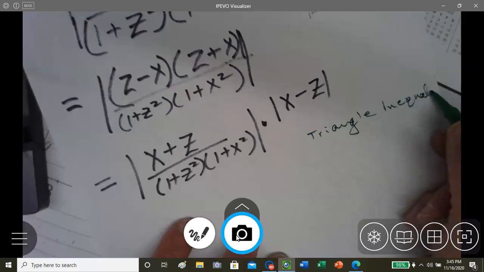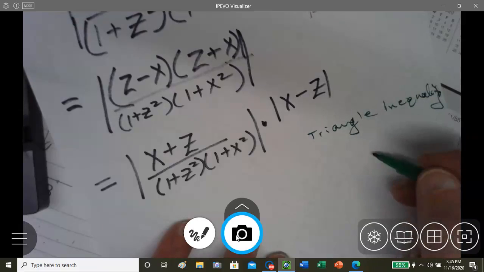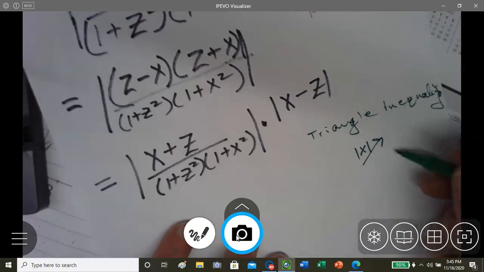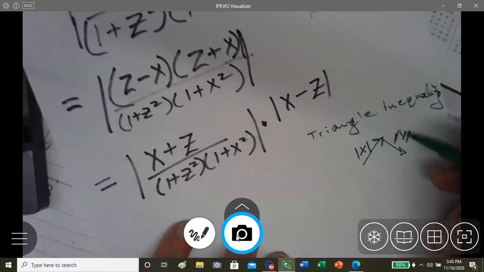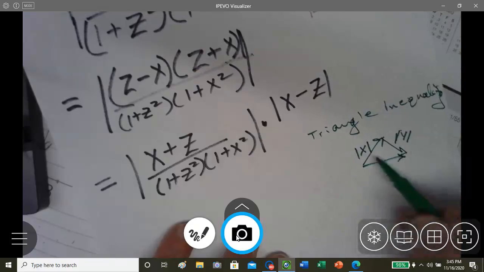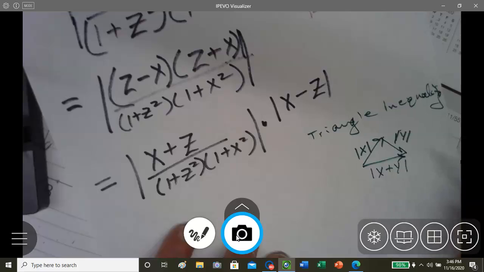If you have a vector here, we'll call that the magnitude of x. And we have another vector here, that's the magnitude of y. Then the sum of those is the magnitude of x plus y.